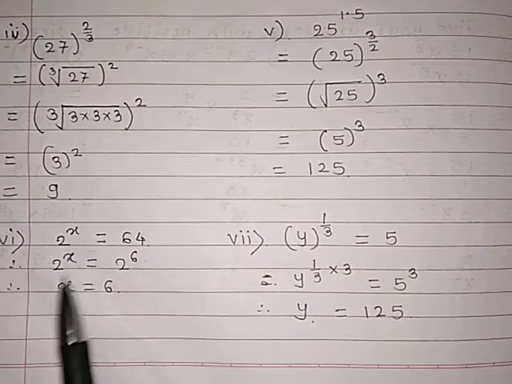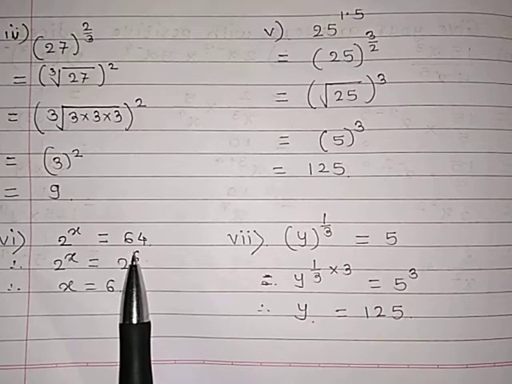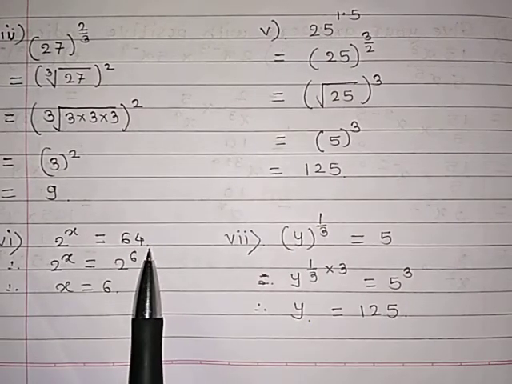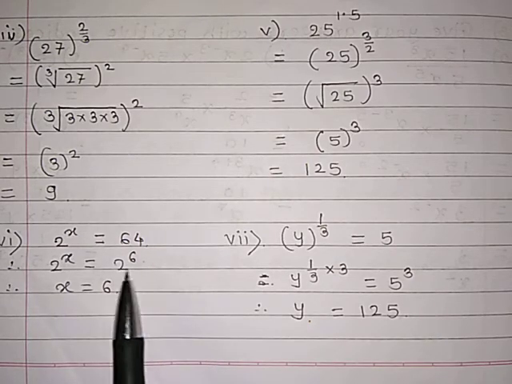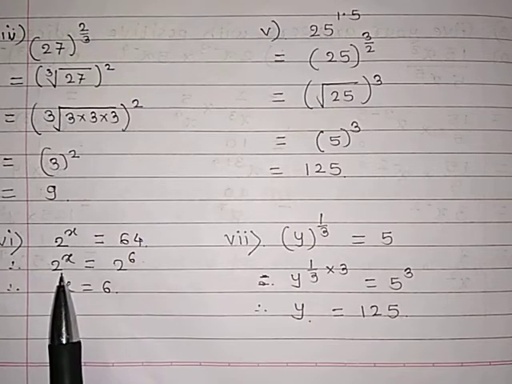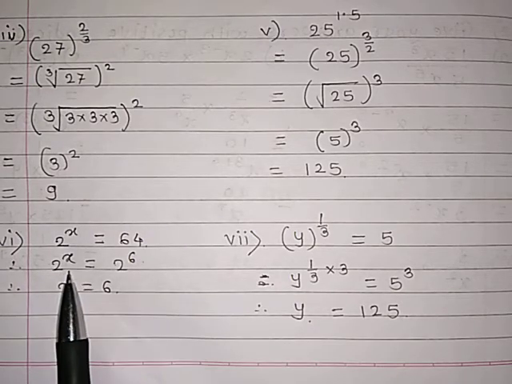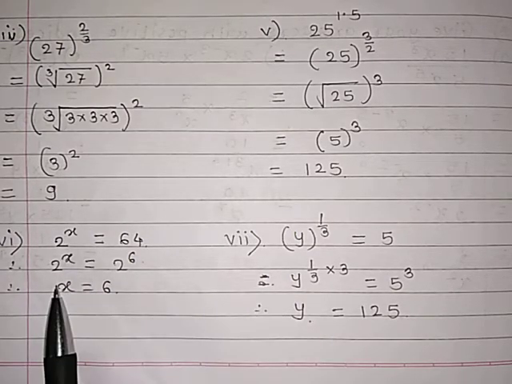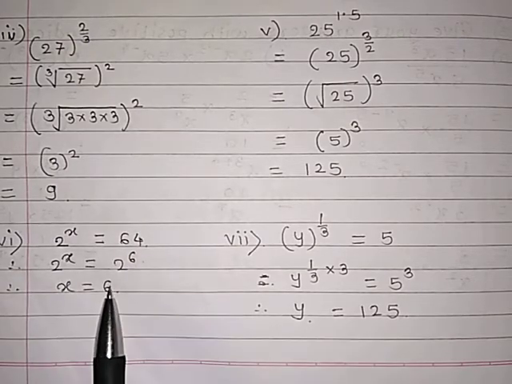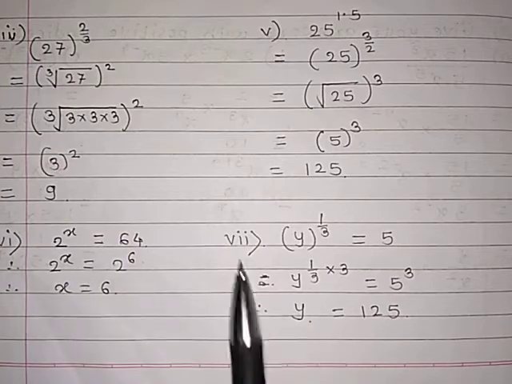Next one. 2 raised to x equals 64. Now how can we write 64? 64 is written as 2 raised to 6. And on the left hand side we have 2 raised to x. As both the bases are the same, we equate the indices, that is x equals 6.